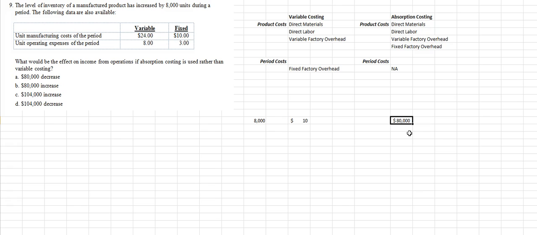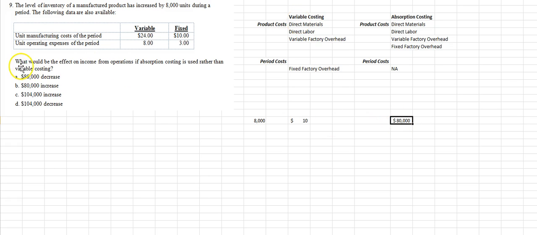It's not going to be expensed, which means that absorption costing will have higher income, right? Because you left $80,000 of fixed factory overhead in your inventory account. You did not expense it. Variable costing's income will be lower.